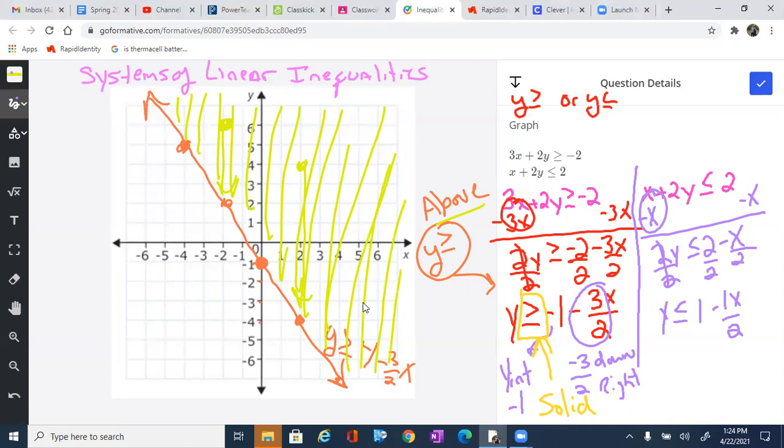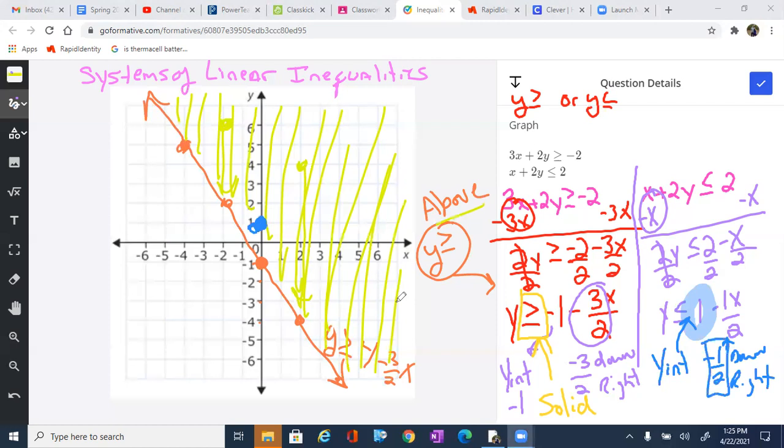The next part is I'm going to graph the other equation. The y-intercept is where I'm going to start. So there is the y-intercept. And the slope is going to be negative 1 over 2. And that says down 1 and right 2. So I'm going to go to the y-intercept of 1, put a data point, and then follow the slope of negative 1, right 2.